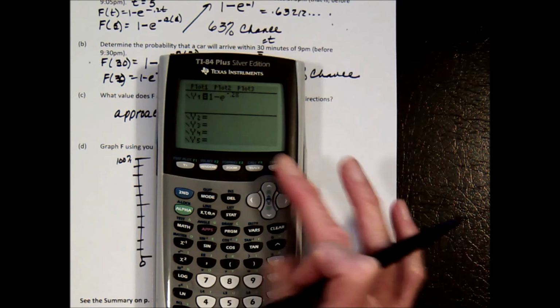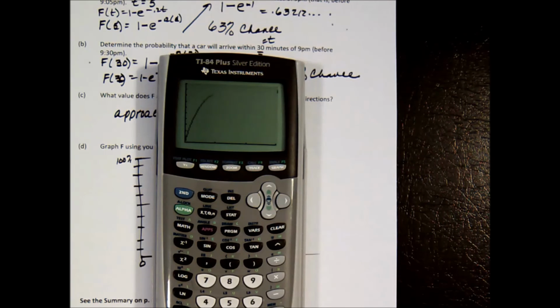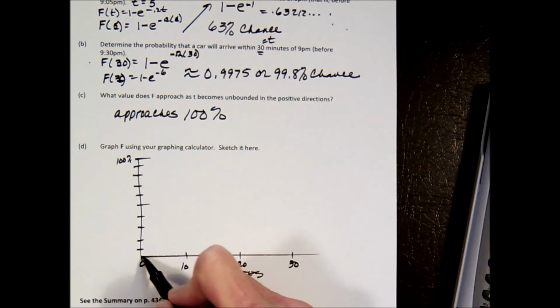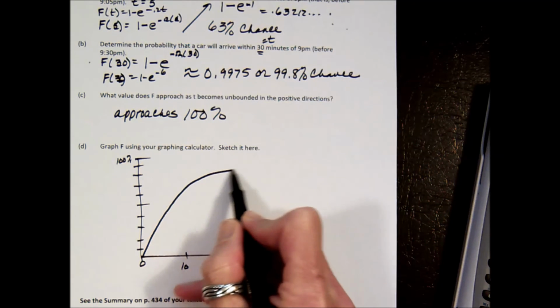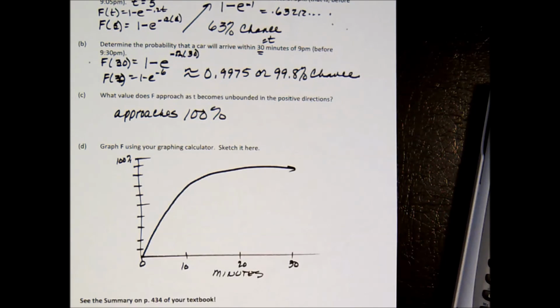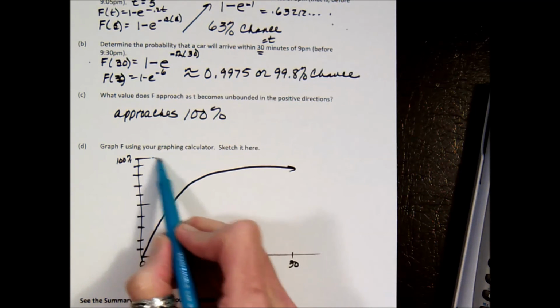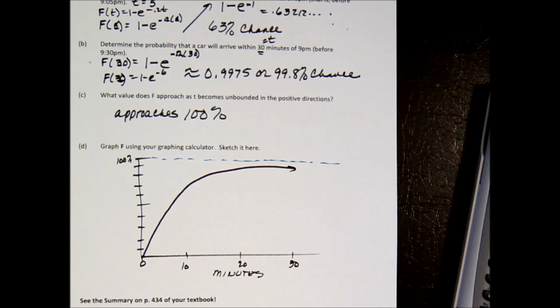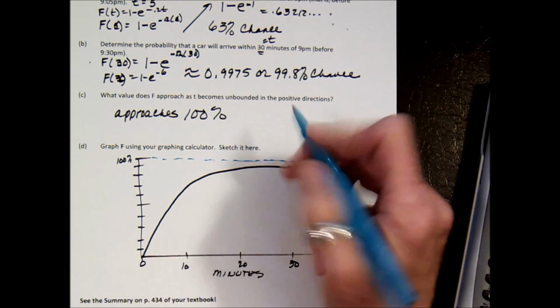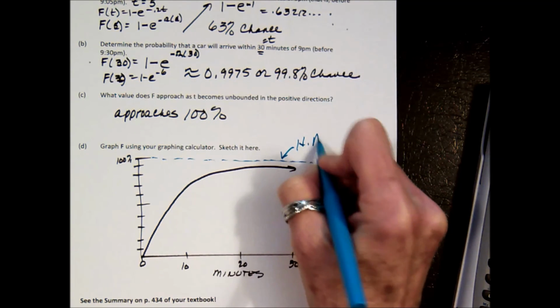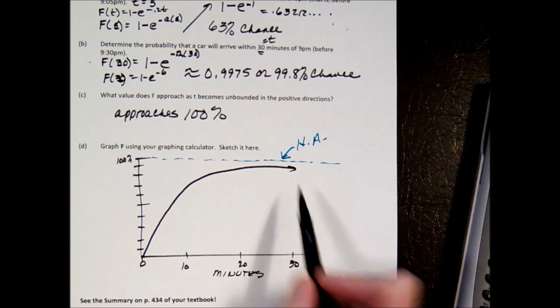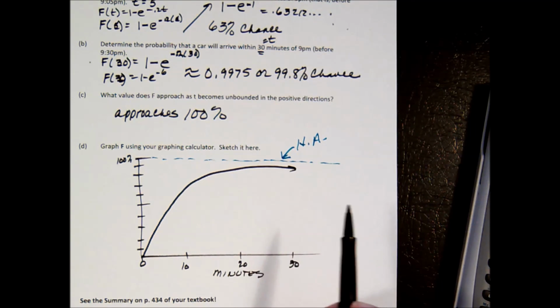Hit graph. And you can see what that graph looks like. It increases and approaches 100%. It never quite reaches 100%. There's never going to be 100% certainty that a car will go through. Some fluky thing could happen. So this is our horizontal asymptote right here. But this is what the graph looks like. It approaches 100% as time moves on.